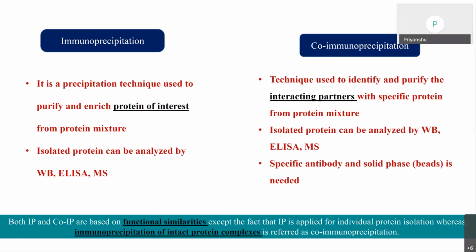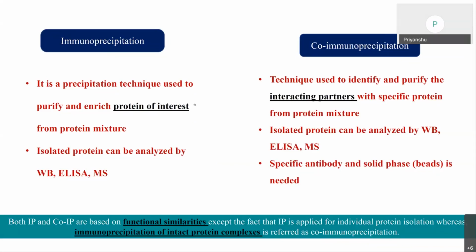But another technique is co-immunoprecipitation. This technique not only purifies a specific protein from a protein mixture, it can also purify a complete protein complex, or we can say interacting partners. After getting these interacting partners, you can analyze them by Western blot, ELISA, and mass spec.